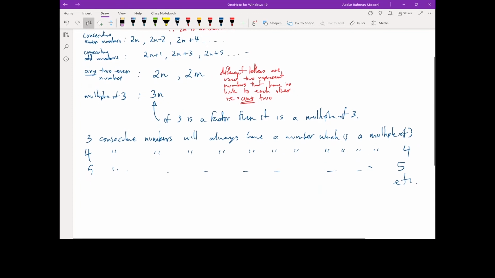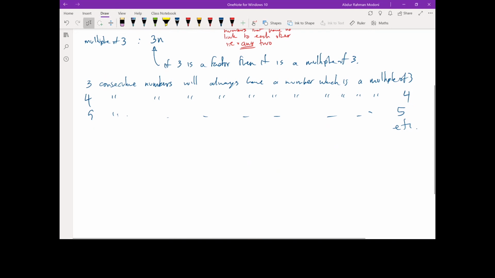How about writing a square number? Let's talk about square numbers. Square number. Any idea? N squared. What about two consecutive square numbers? Consecutive square numbers.